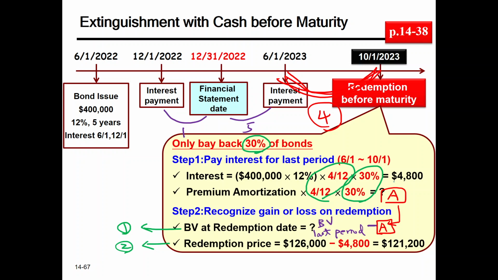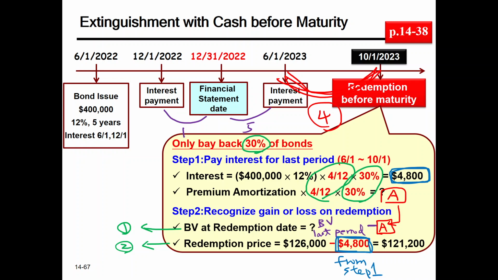So from step 1 here told us the interest is $4,800. So finally, we could find out our redemption price is $121,200.